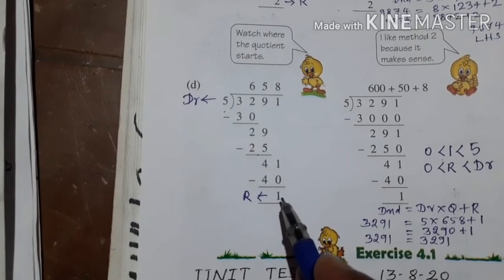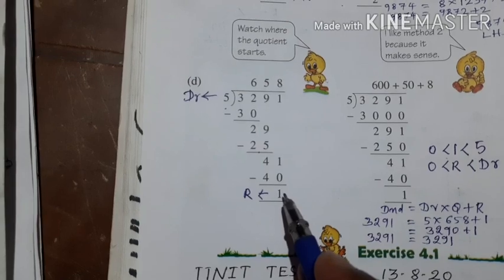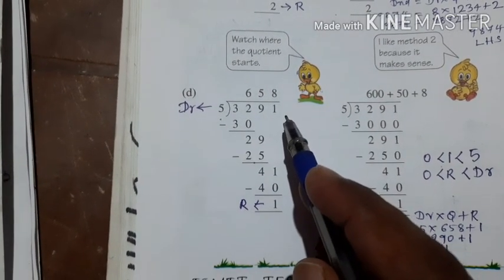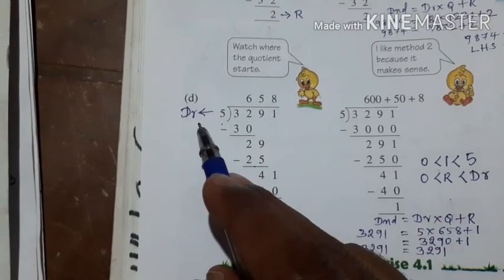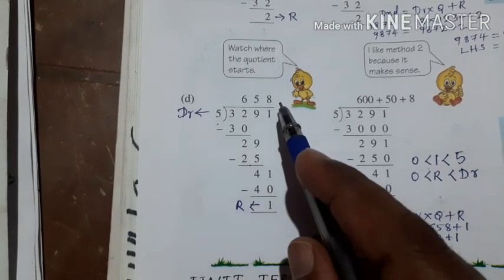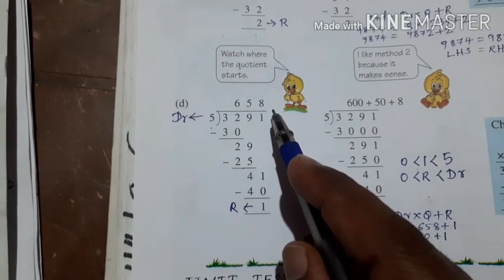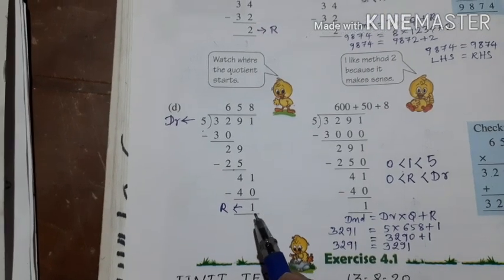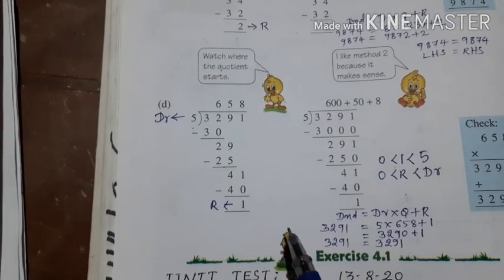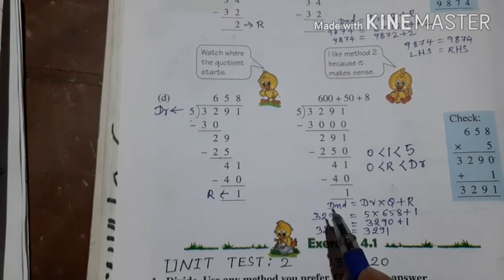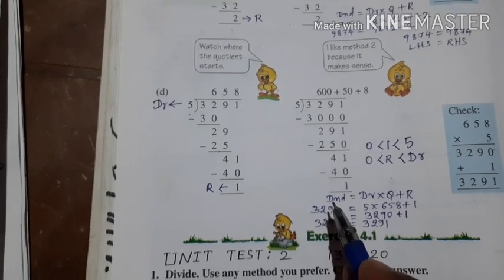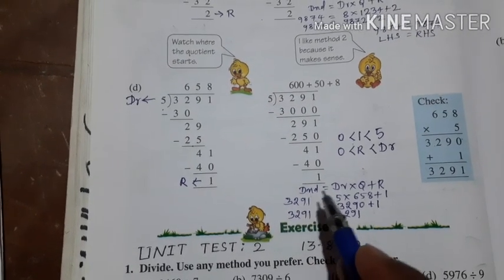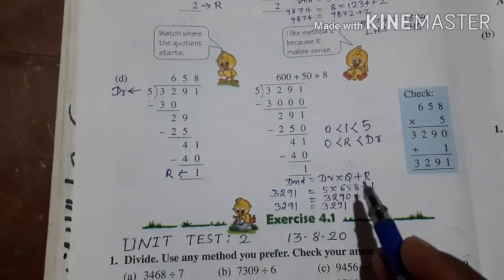Here it is an incomplete division or inexact division, and 3291 is the dividend and 5 is the divisor, 658 is the quotient. Let us see whether our division is correct or not by applying the rule called division lemma. This division lemma is also known as division algorithm. Dividend is equal to divisor into quotient plus remainder.